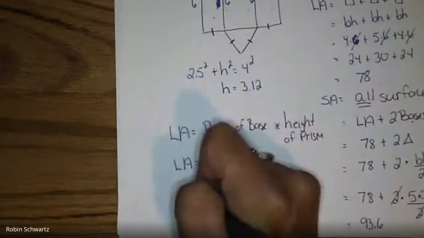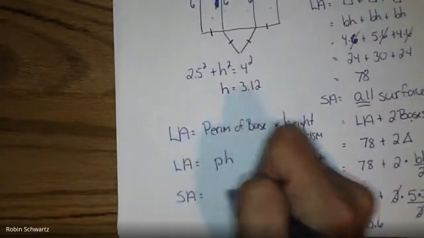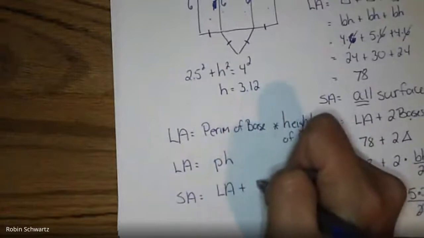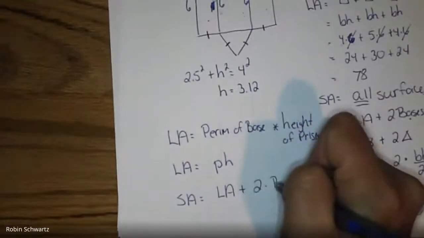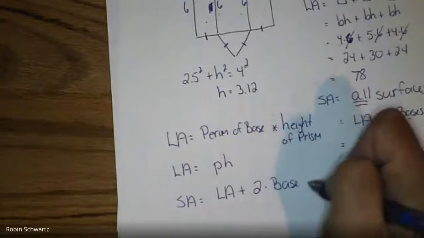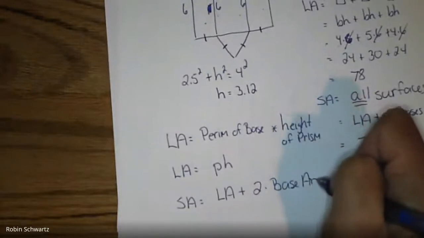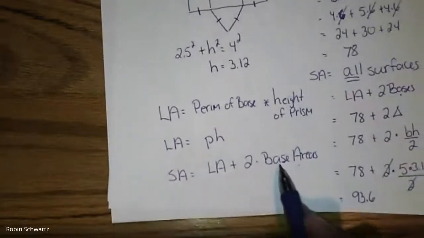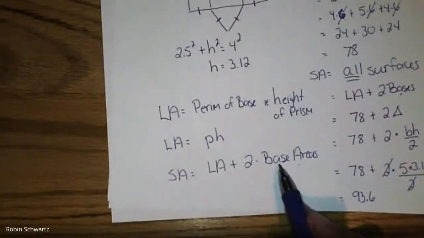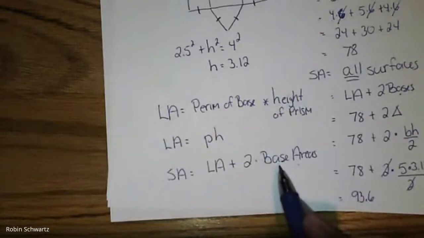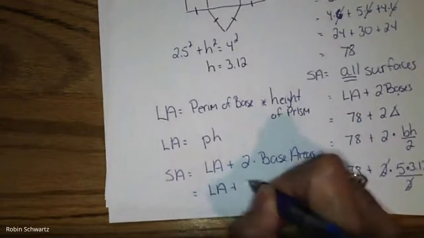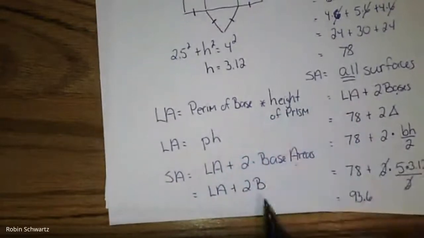Then for SA, we're going to say that's the lateral area plus the area of two bases. So two base areas. And because the base shape can change from a triangle to a square to a hexagon to anything, we can't put a formula there. So we just say it's LA plus 2 of our big B's. And know that big B stands for the area of the base.